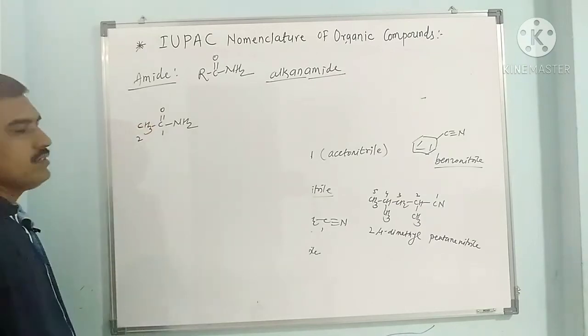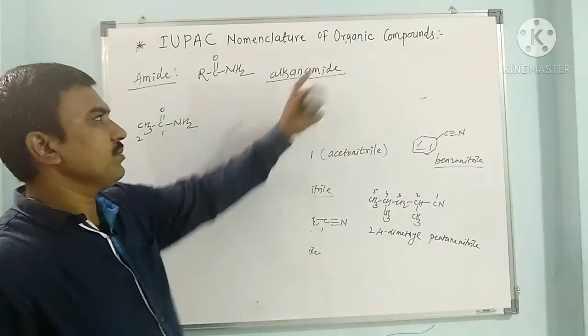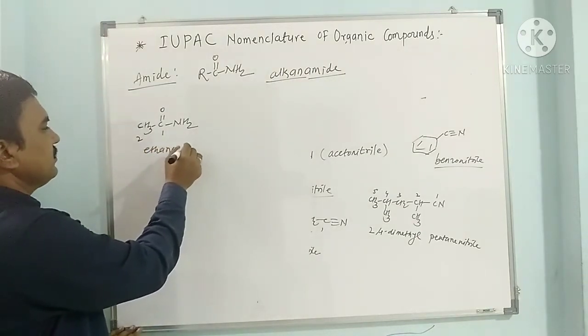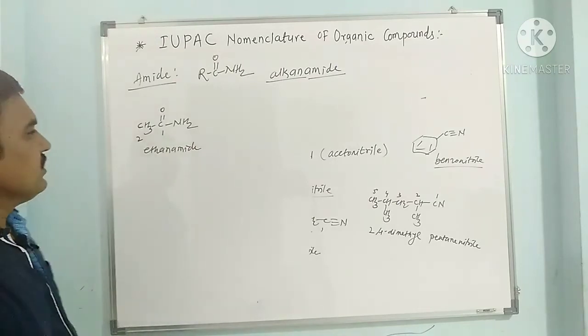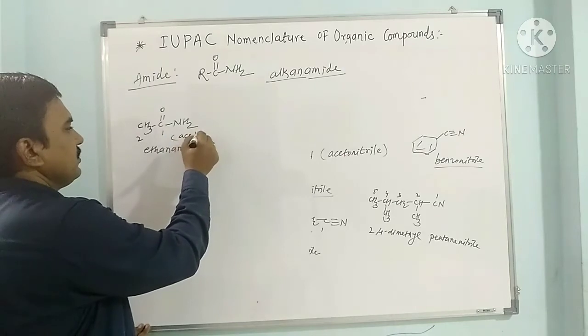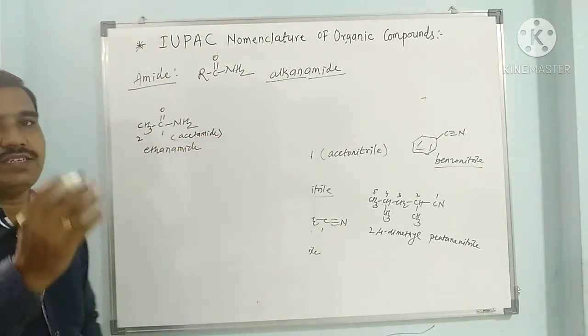Two carbons are there, so it belongs to ethane. The last E is replaced with amide, so it is ethanamide. This compound is commonly called acetamide.